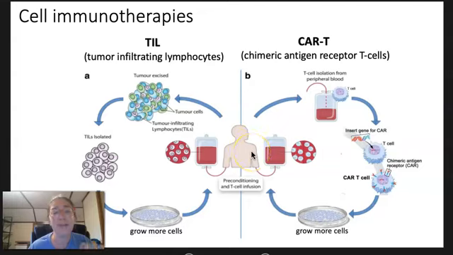So this is a therapy that might be more scalable. It does require you to take the T cells out of a patient, but just a blood sample. You don't have to actually take out the tumor and do a surgery. And you don't have to go through this labor-intensive process of screening their white blood cells to regrow them.